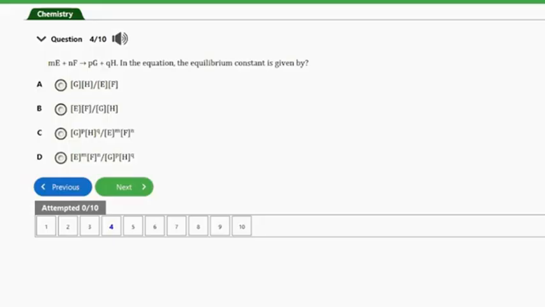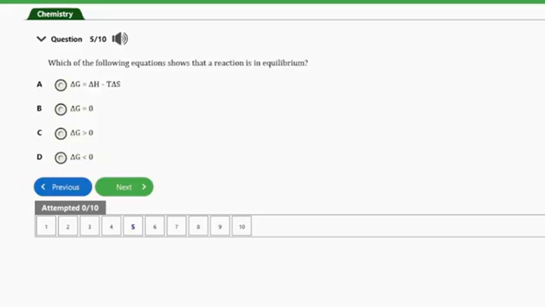So having this, we can see that in this illustration, you have concentration of G to the power of p times the concentration of H to the power of q over concentration of E to the power of m times concentration of F to the power of n. So you see all the concentrations raised to the power of their stoichiometric coefficients. And that's the answer to this question, guys. So let's consider the next question.